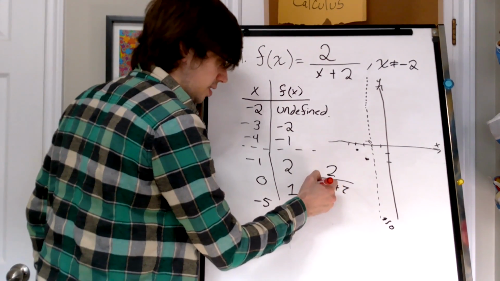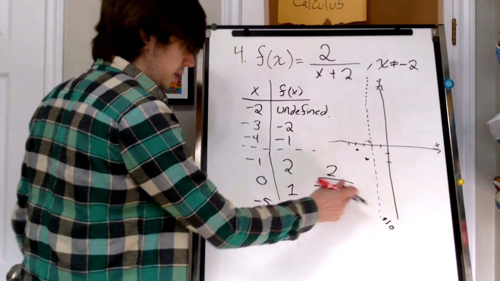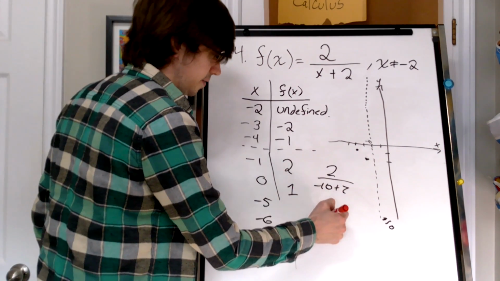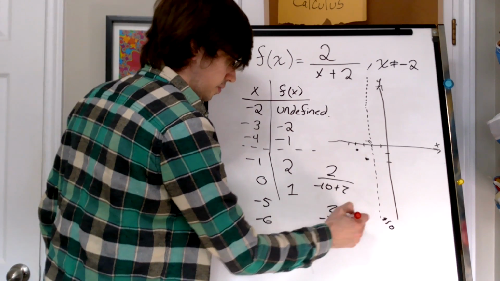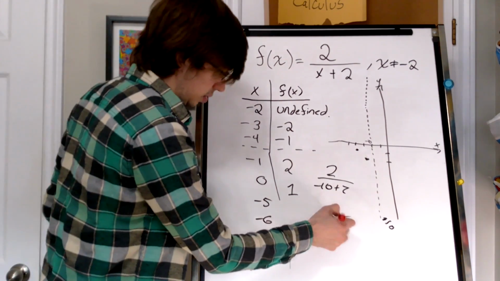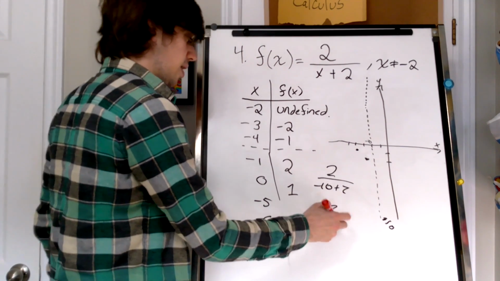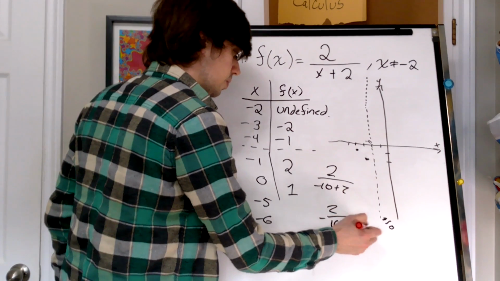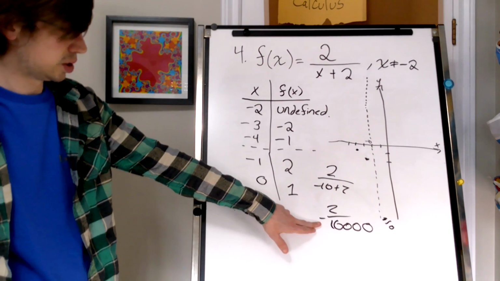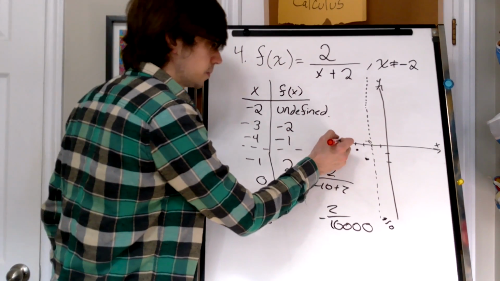So as we make this number larger, the negative value down here is also going to get larger. Gets bigger and bigger. And let's say we put some big negative value here. We're getting closer and closer to 0, but never touching 0.